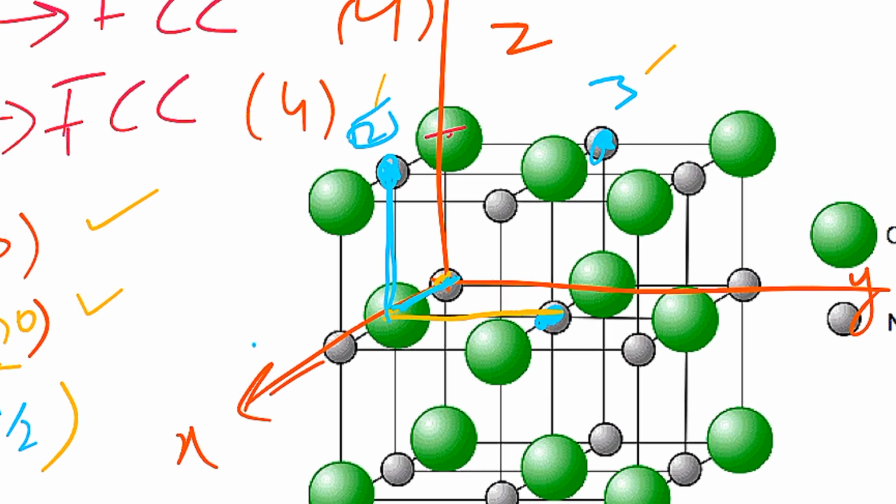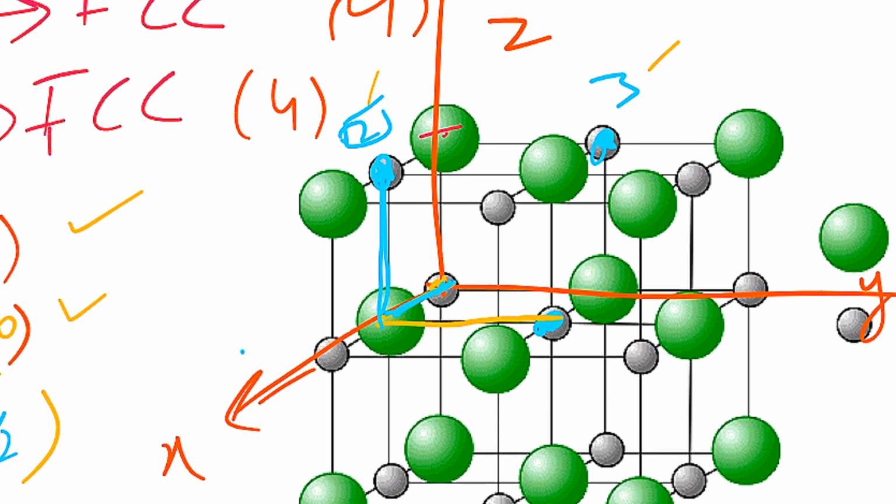Also keep in mind that you have to move along the x, y or z direction. You don't move in diagonals, you only move in straight lines along x or y or z. That is not permissible. You are not supposed to move like that.